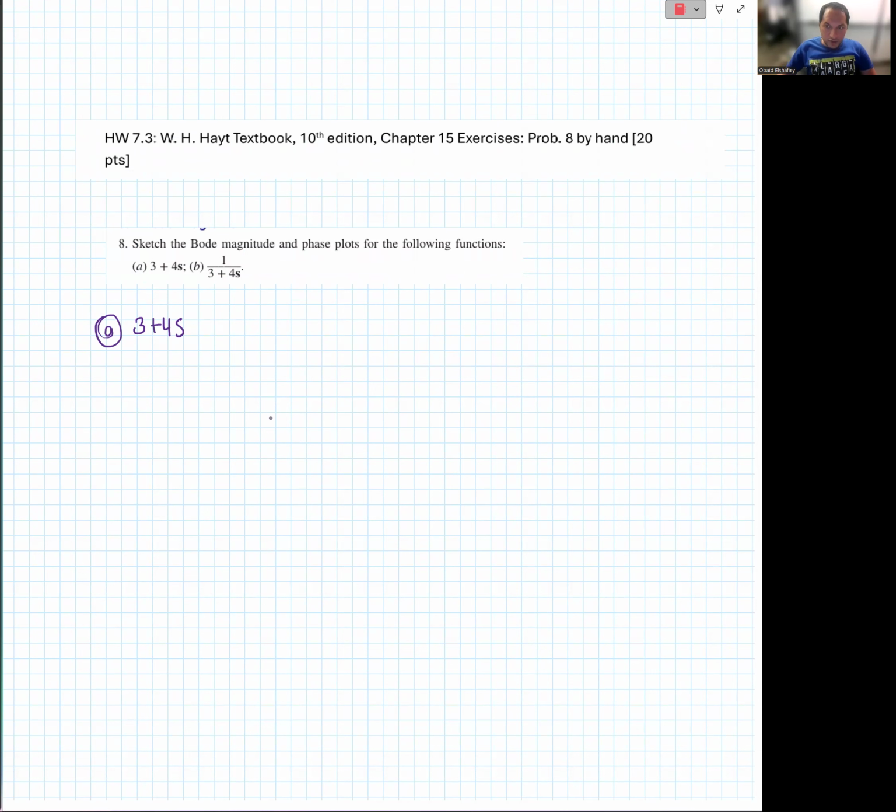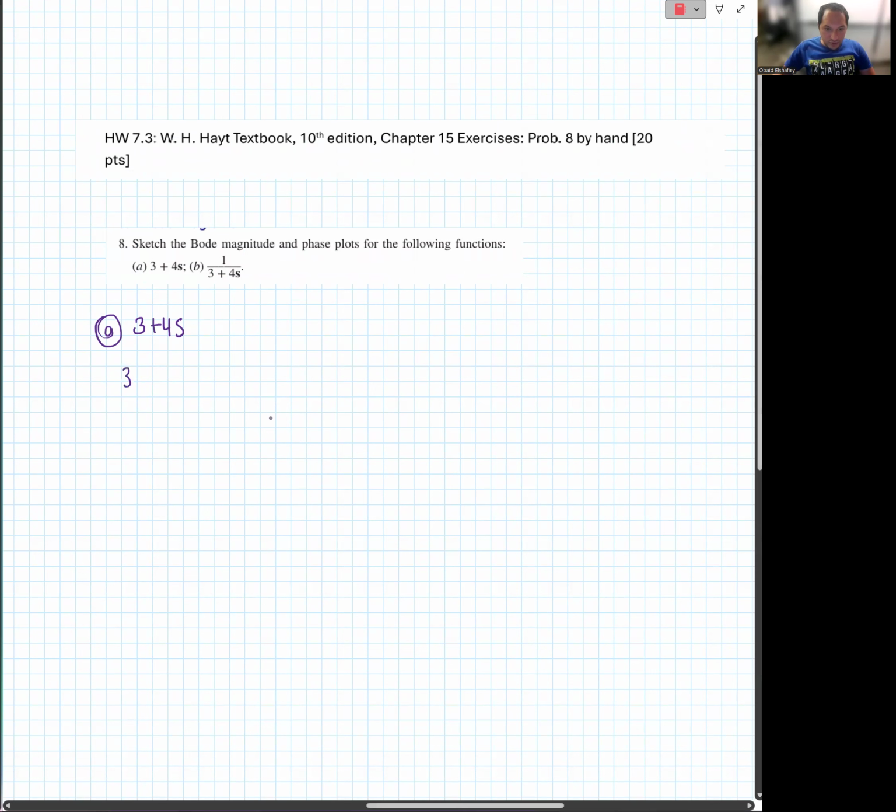So we start by putting it in a standard form, which becomes 3 times 1 plus 4 over 3 s, or we can use as well 3 times 1 plus 4 over 3 j omega.